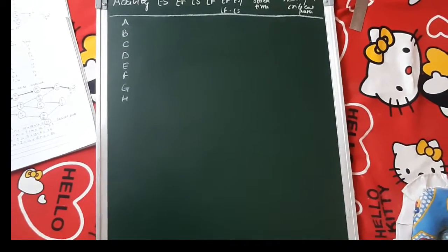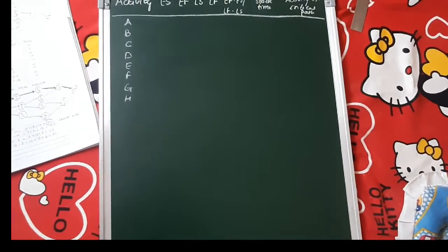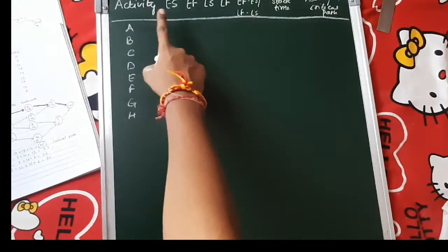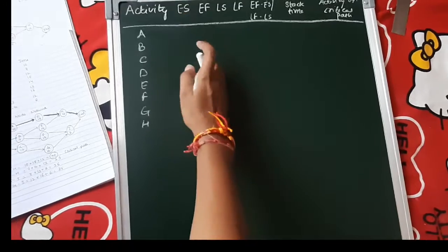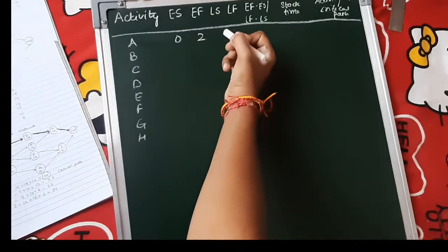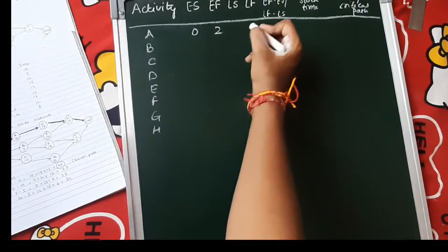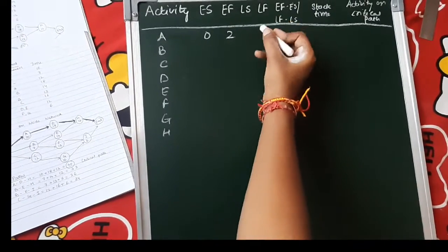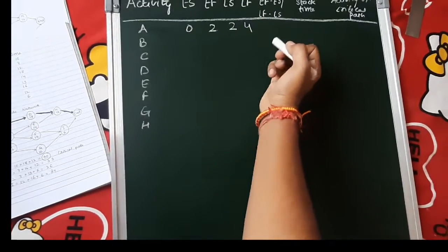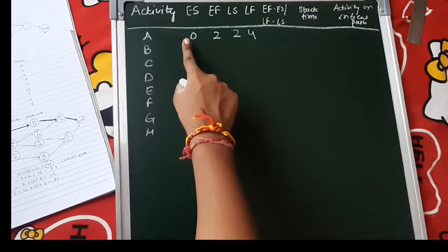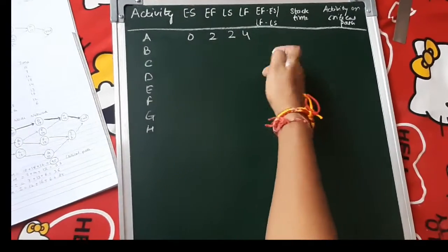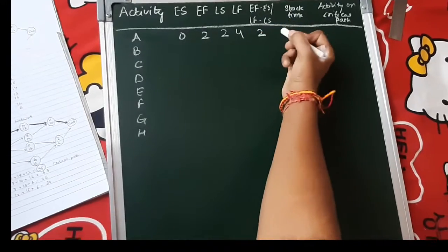Now we have to make a table in order to draw the Gantt chart. Here it is the activity. Then we have to write the early start of every activity. For our A, the early start and early finish are 0 and 2. In the same way, late start and late finish are 2 and 4. Now we have to subtract EF minus ES or LF minus LS. They will be the same, so you have to write 2.